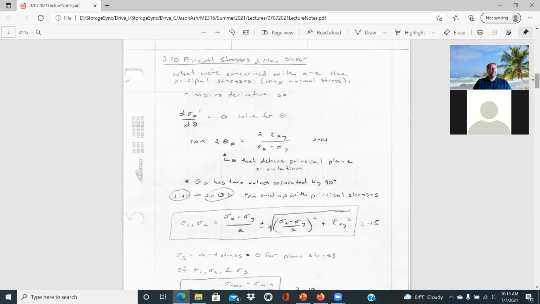What we'll find is that the principal angle theta is defined as theta p, the principal plane. And so tangent of 2 theta p is equal to 2 tau xy over sigma x minus sigma y. You'll have two values separated by 90 degrees.